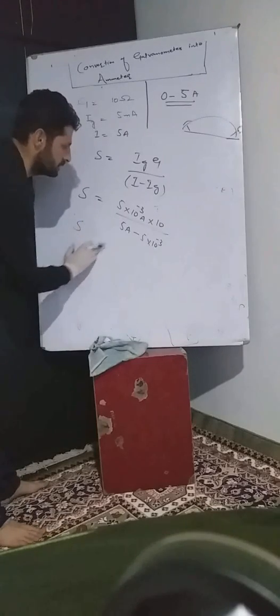We can also do it this way: S is equal to 5 into 10 power minus 2 divided by 5 common, 1 minus 10 power minus 3; 5 and 5 cancel.